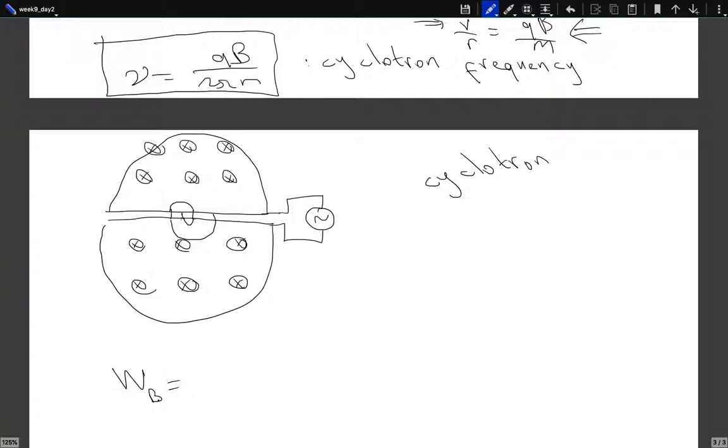What is the definition of work that any force does due to a very small displacement? F dot dl. The force multiplied by dl, the very small displacement through which the force is acting. Well, the force we know, qv cross B dot dl.